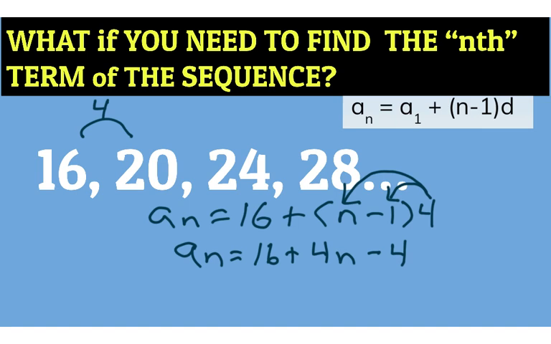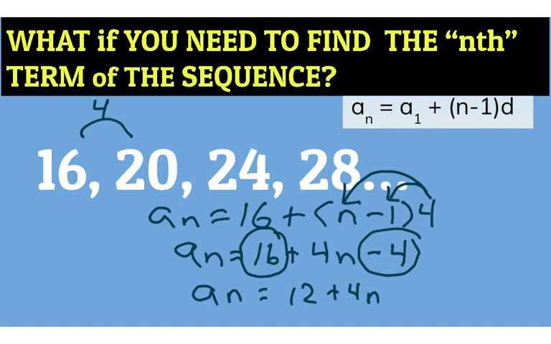Here I have like terms. I have 16 and a minus 4, so I will combine, and that's going to give me 12, and that's going to leave me with 12 plus 4n, and we can't do anything else because we have unlike terms, so that is our answer for the nth term, which you could use to find other terms in the sequence as well.